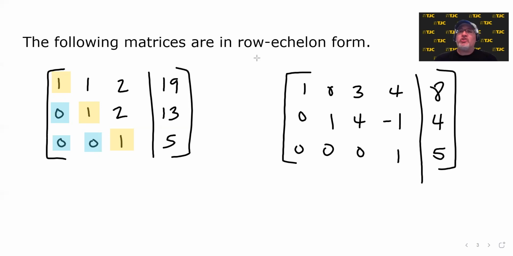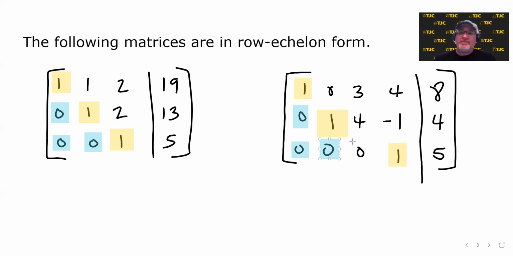First, let's make sure the first non-zero entry in each row is 1. In the first row, the first non-zero entry is 1. In the second row, the first non-zero entry is 1. And in the third row, the first non-zero entry is 1. And notice below each of the pivots that are highlighted in yellow are nothing but 0s. 0s here and 0 there.